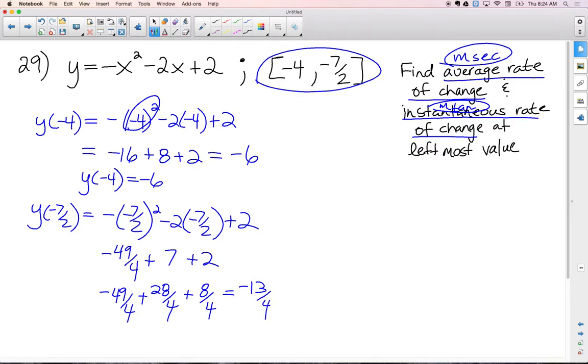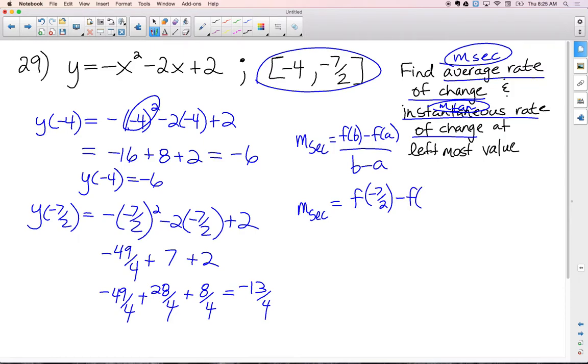So we got a point, so to find the slope of the secant, it's just f of b minus f of a over b minus a, which is y2 minus y1 over x2 minus x1. So slope of the secant is going to be y of -7/2 minus f of -4 all over -7/2 minus -4.